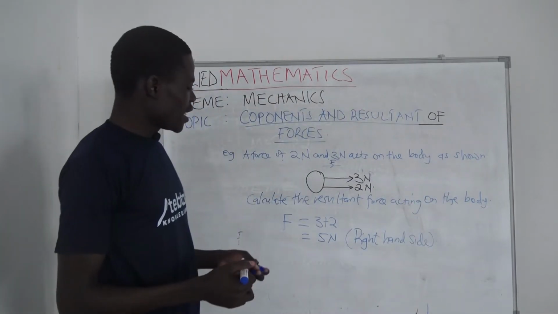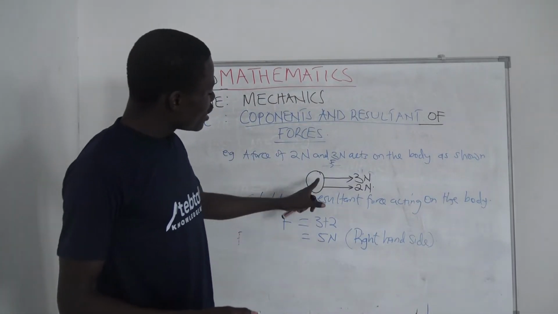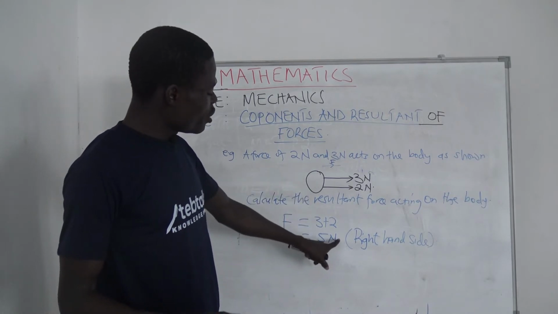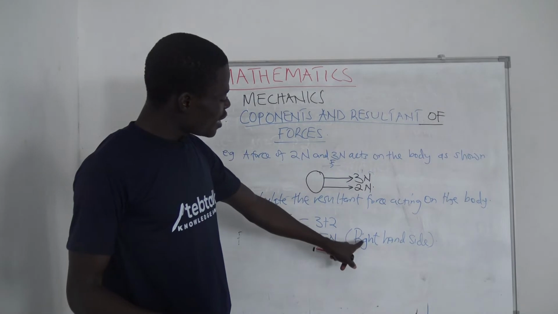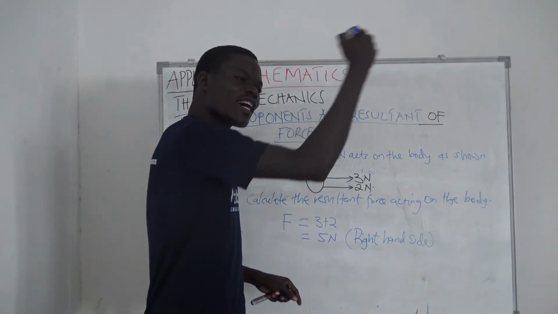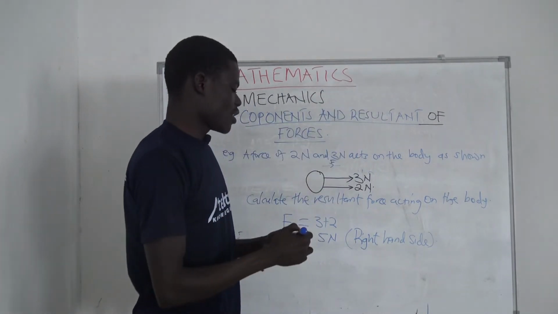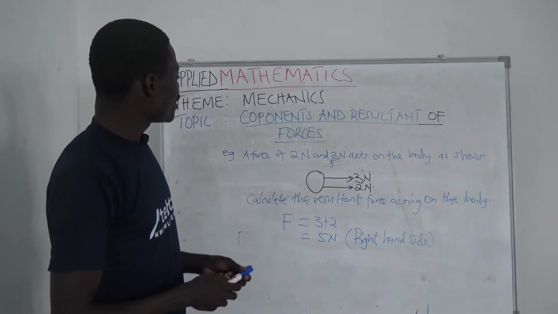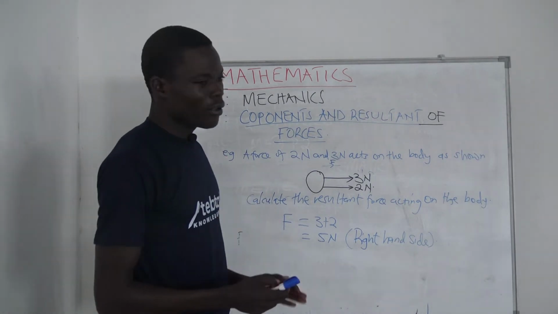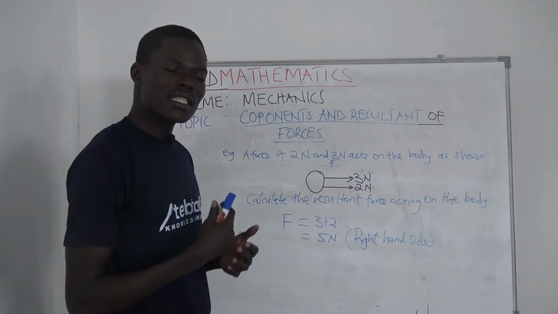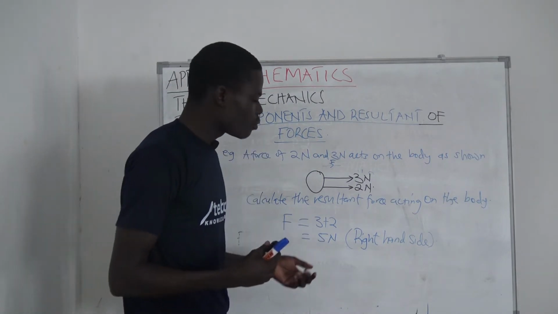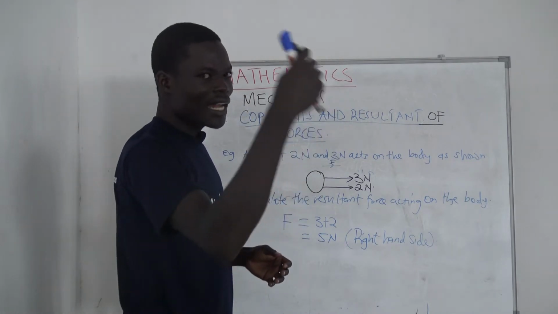The force acting on this body is 5 newtons in the right hand side direction. That is what makes it different from what we covered in the other book, but the calculation almost remains the same, only that here we add the component of direction.